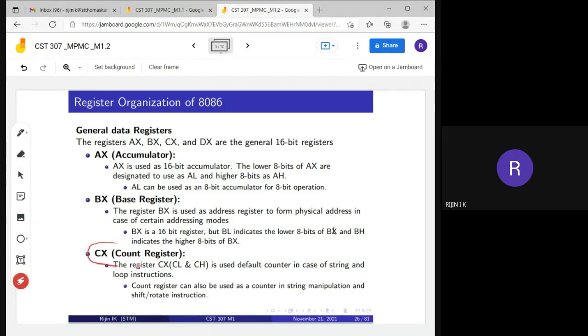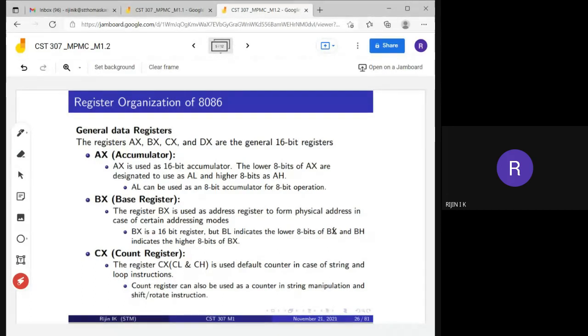Then the next one is the CX register. CX is the count register. It is also a 16-bit register. We can divide that into two 8-bit registers, that is CL and CH. This count register is used as the default counter in case of some string and loop instructions.